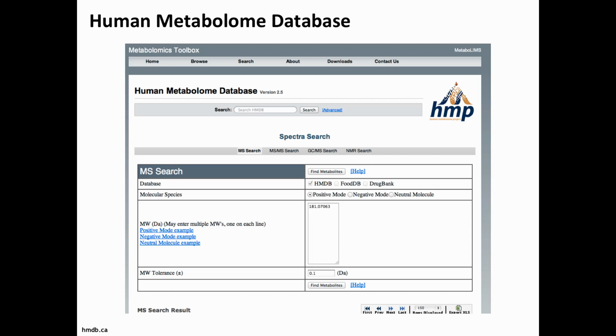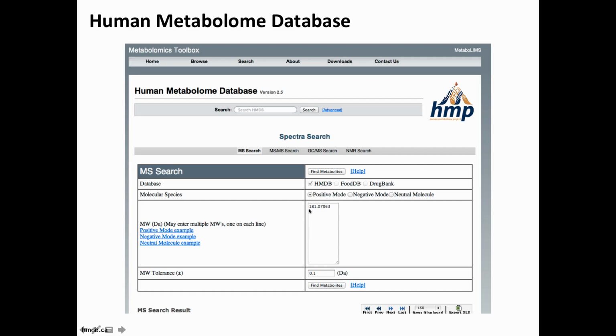The other thing that you can do with HMDB is you can go out and search. What can you search? Well, there are different ways to look at that. The first thing you can do is you can just search by accurate mass.